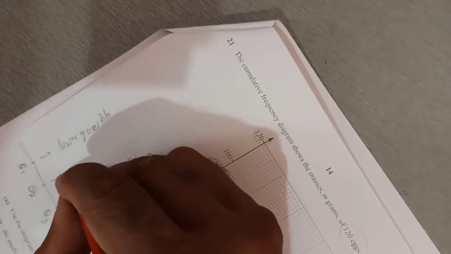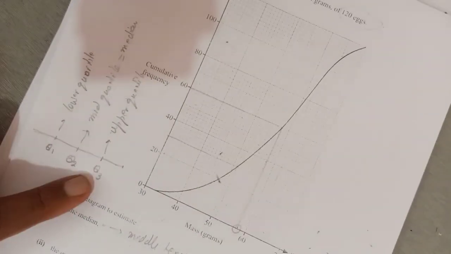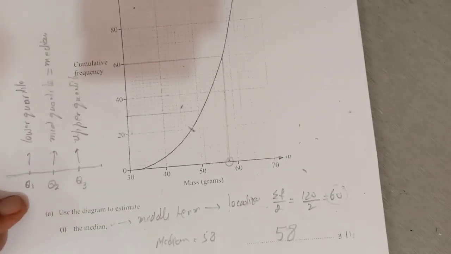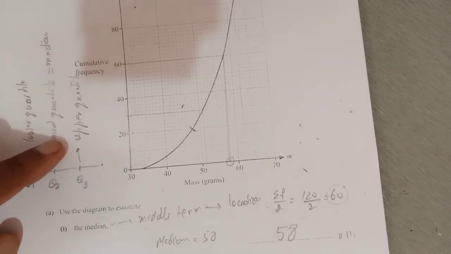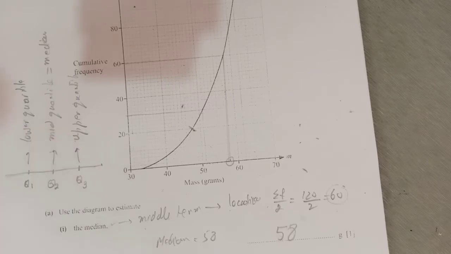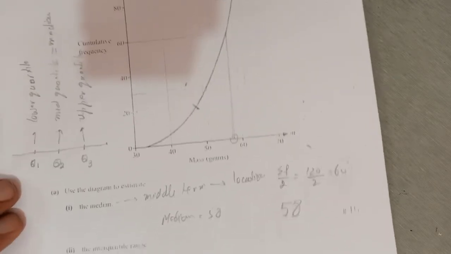This is called the upper quartile, or this is called Q2 or mid quartile, but often it is called the median. So Q1 is called the lower quartile, Q3 is called the upper quartile, as quartiles divide data into four equal parts.